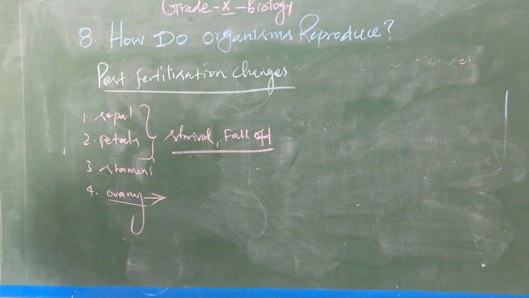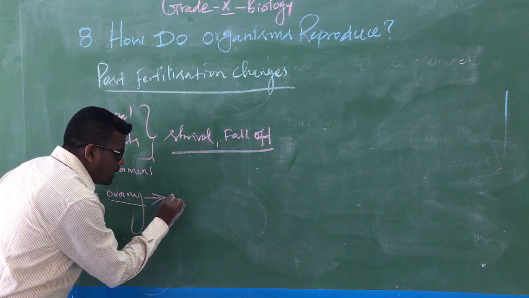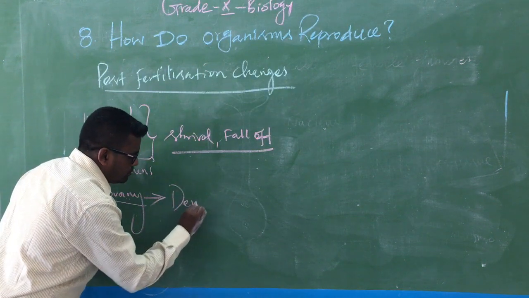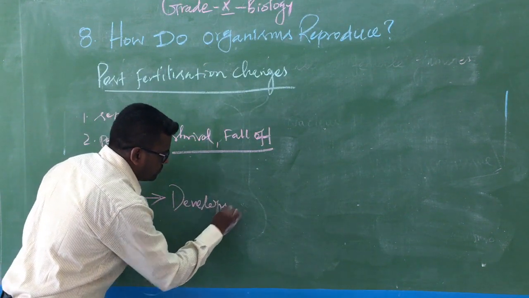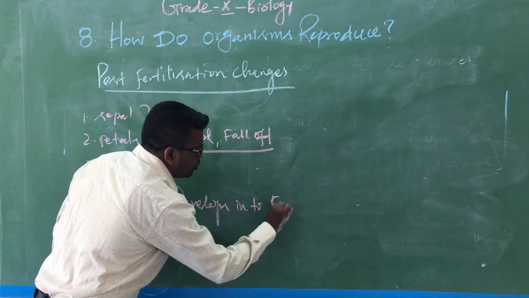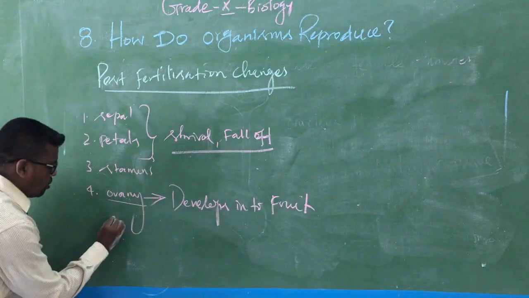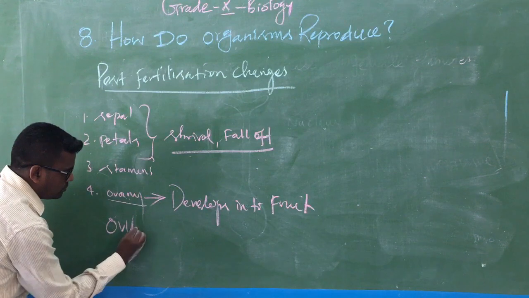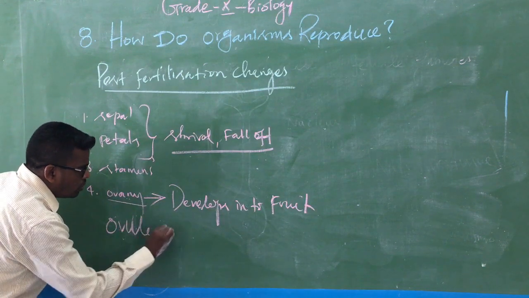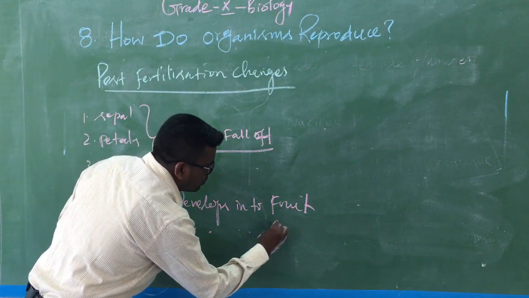The ovary develops into a fruit. This is very important. And the ovule develops into seeds.